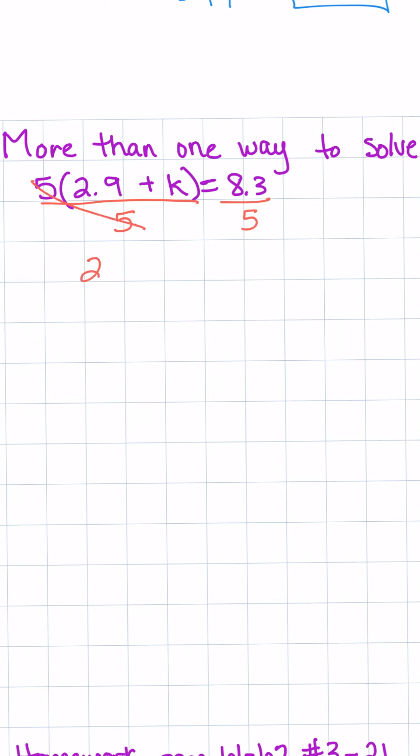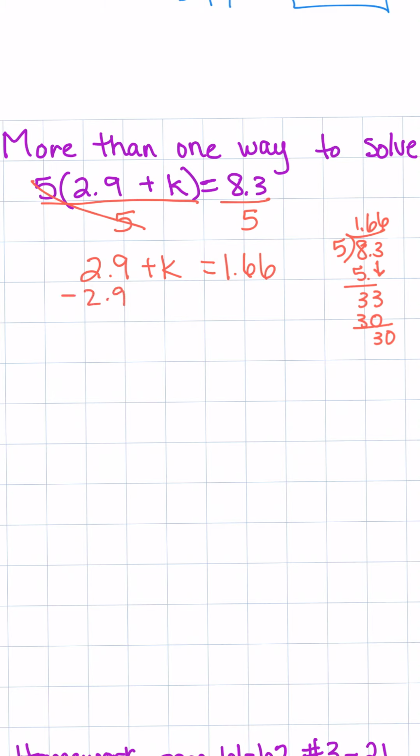That crosses that out. 2.9 plus k is going to be equal to 1.66.